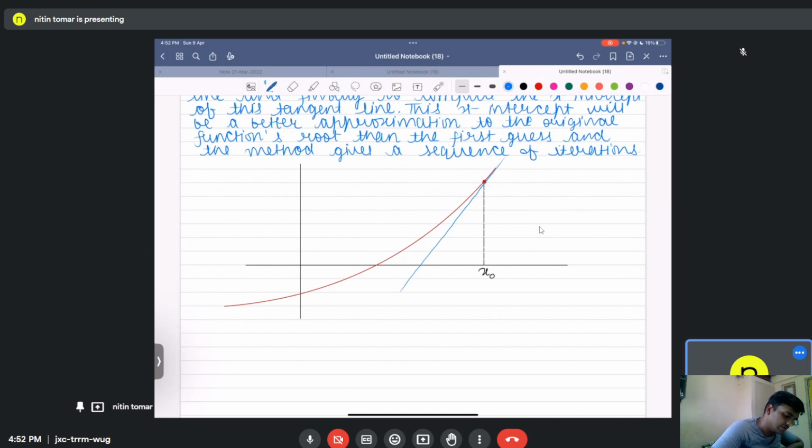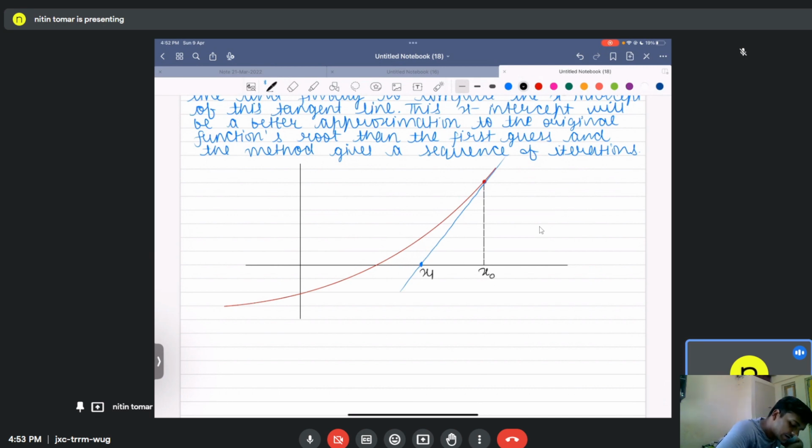The point where it intersects the x-axis precisely will be the first iteration. So see, instead of working with 2 points, we are working with only 1 point, which is contrary to the secant method. But we will see, we actually need a sufficiently smooth function for the Newton-Raphson method.